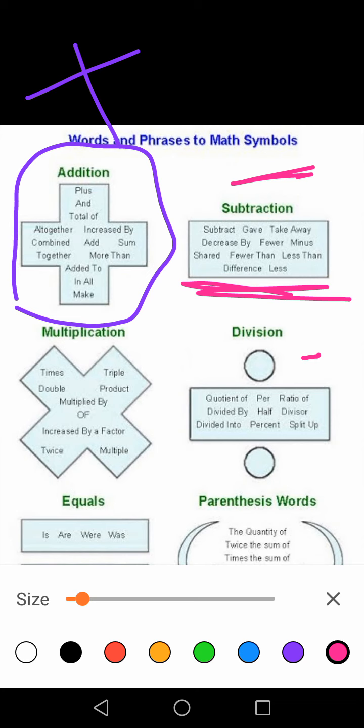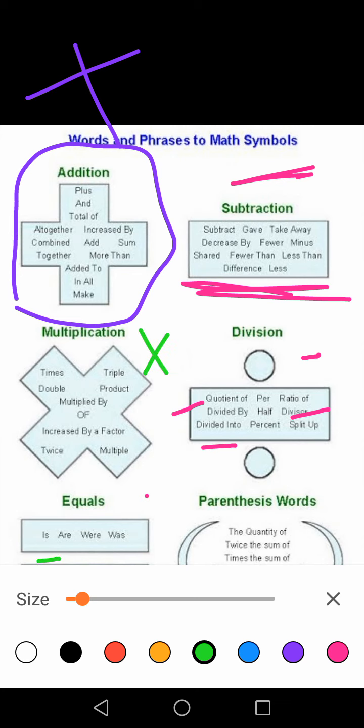Divide, ratio, pair, split up, divided into, quotient, divided by, percent, half, all of these keywords mean division. For multiplication: times, triple, double, cube, twice, increased by a factor of, or multiplied by, is called multiply.